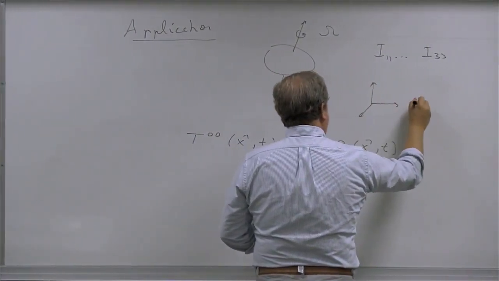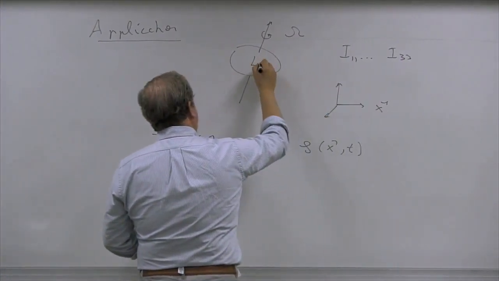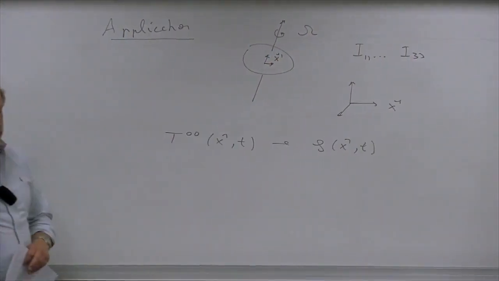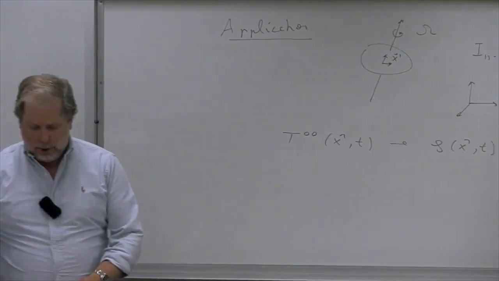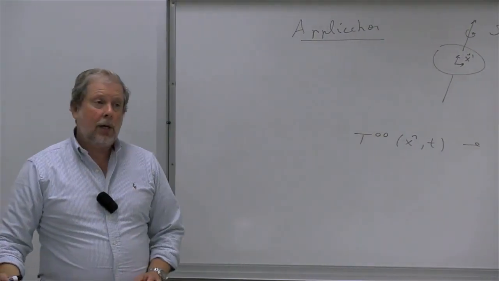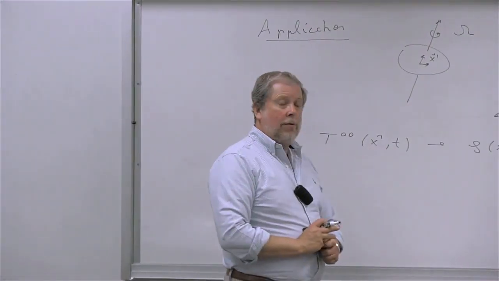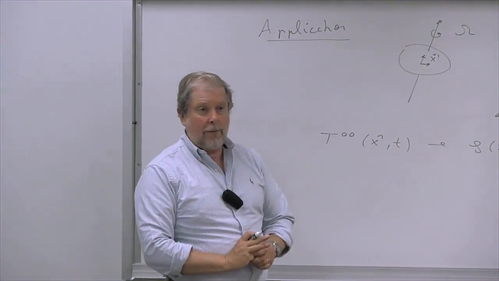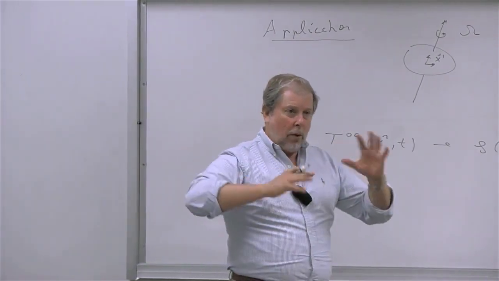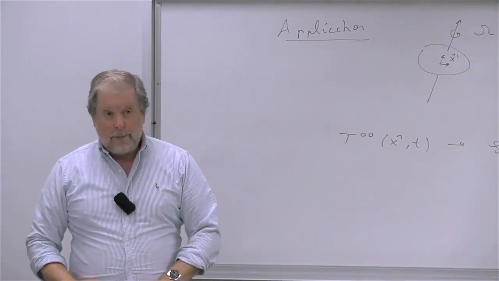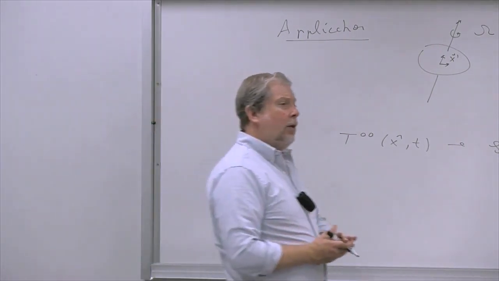So we have a frame x here, and we have a rotating frame, which is x prime, and we have to relate one to the other, and we don't have a whole lot of time, so I'm not going to go through the details. But you can make certain assumptions about the moments of inertia having a particularly simple form, so that the body only has some deviation from being spherical in certain directions.